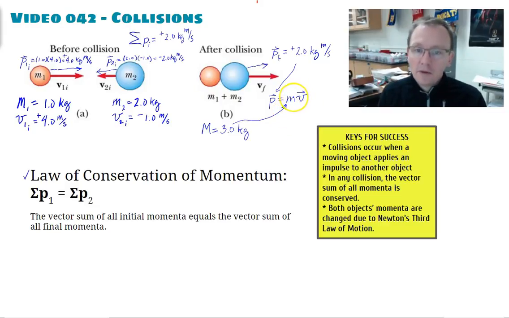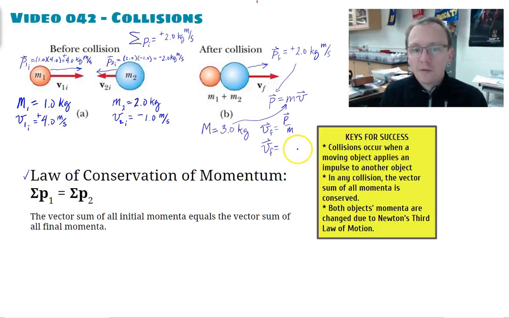Of course we can, right? So I bring the mass to the other side, and I end up with v, the final velocity, equals the momentum divided by the mass, which we know is 2 kilogram meters per second divided by 3 kilograms.